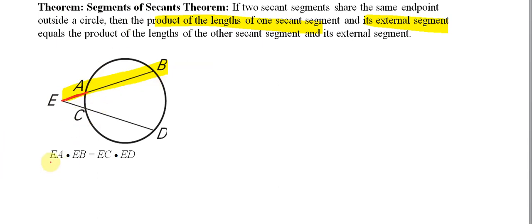So it's EA, that's just the segment on the outside, multiplied by EB, which is the entire thing, is equal to the other analogous portion. So it is equal to the whole thing, that's ED, multiplied by the external segment, which is EC, this part right here. So the smaller part on the outside multiplied by the whole thing.